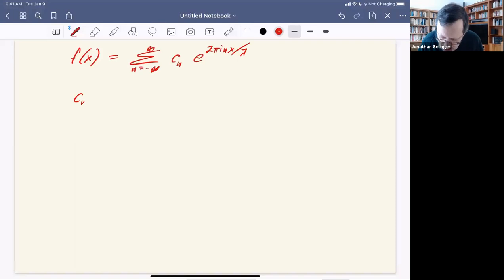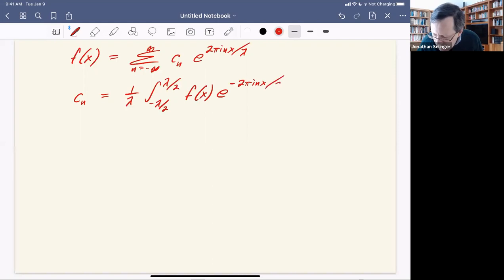And the Cn coefficients are given by what we just worked out: 1 over lambda, an integral from minus lambda over 2 to lambda over 2, f of x e to the minus 2 pi i n x over lambda, like that.